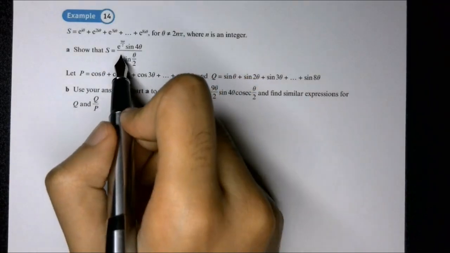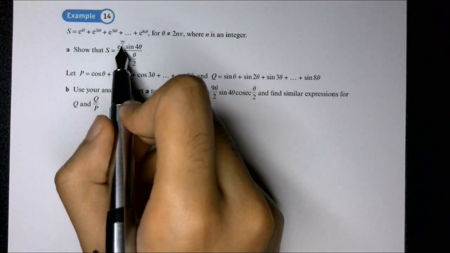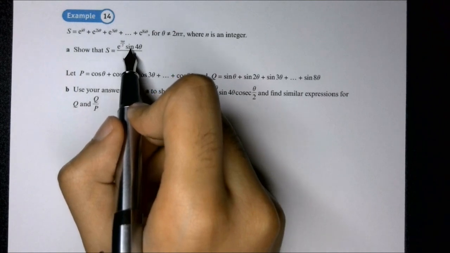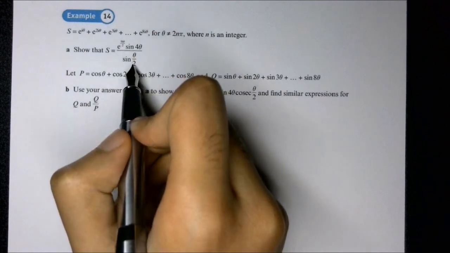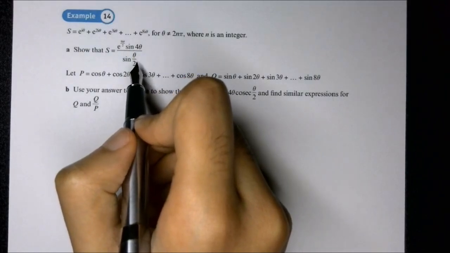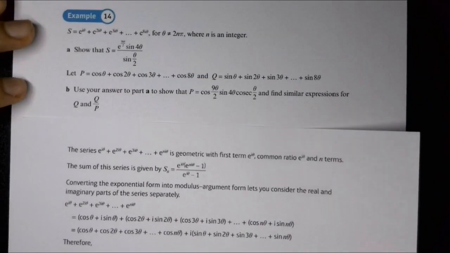And we have to show that s is equal to e to the 9i theta over 2 times sine of 4 theta over the sine of theta over 2. So how would we go about doing something like this? Well, of course we'd have to use the knowledge which we've mentioned over here.